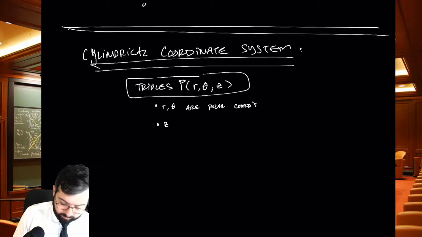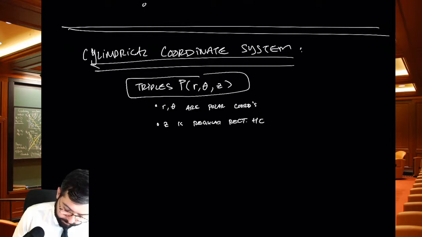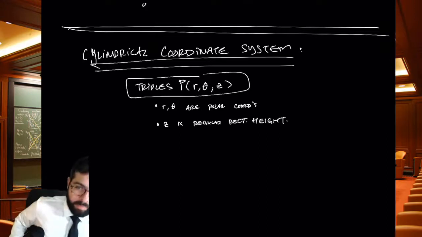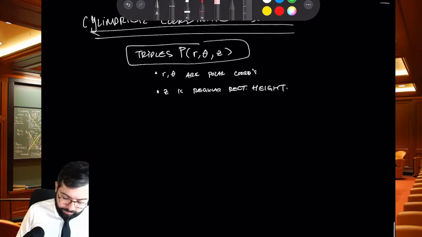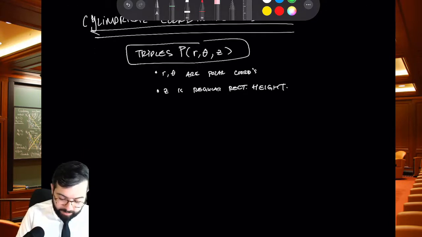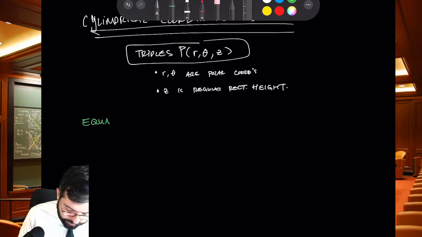Z is the height. Regular, rectangular height. So the same mappings work, which is really nice from what we remember. So some equations here to convert.